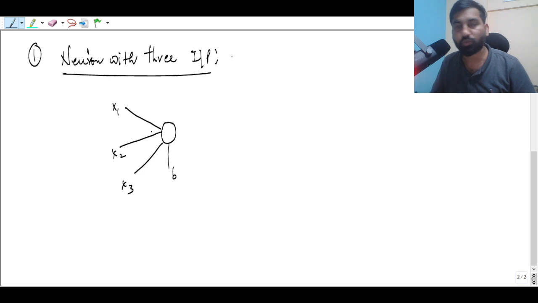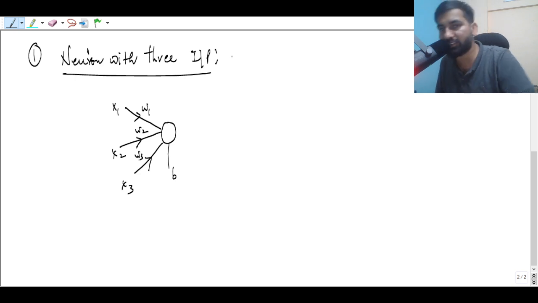Each input has a corresponding weight, w1, w2 and w3. If you increase the number of inputs, the weights will also increase, but the bias will not. The bias is going to be the same.